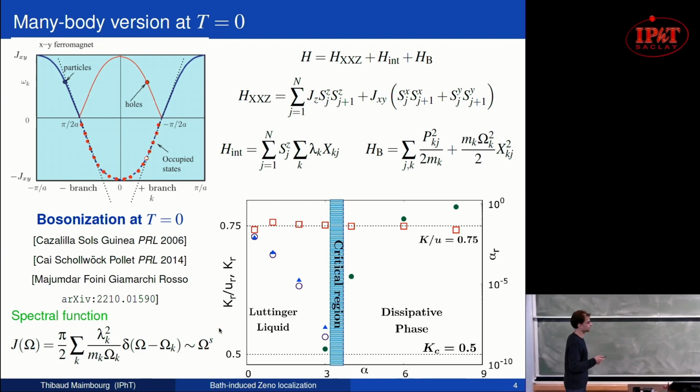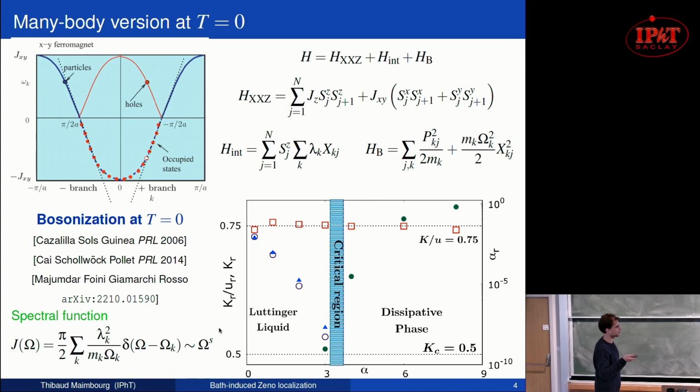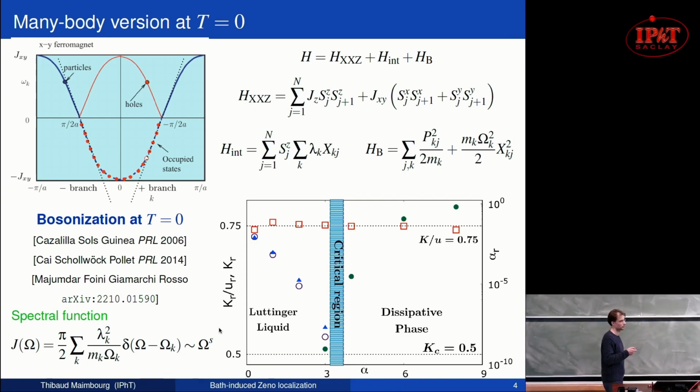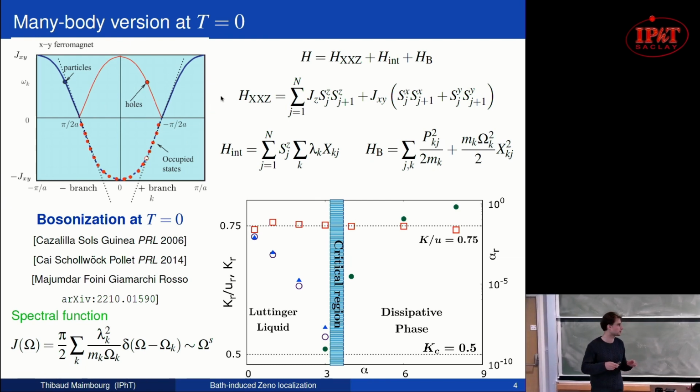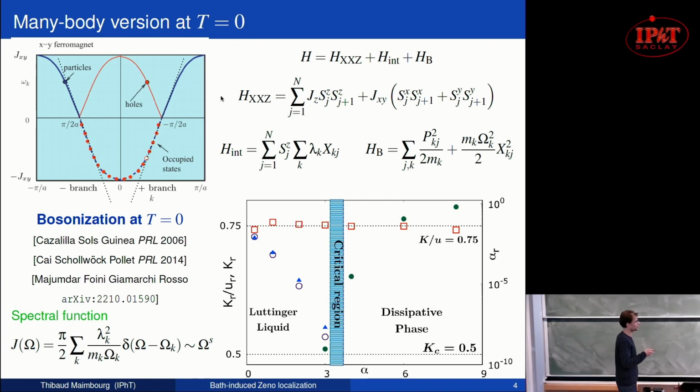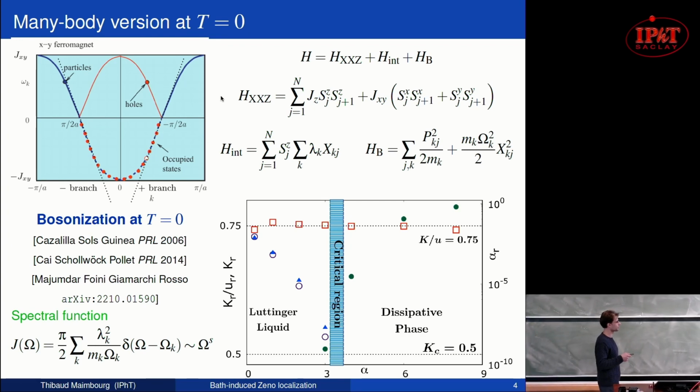And what you can do is analyze it exactly at zero temperature by doing bosonization. So this means that you fill all the energy levels below the Fermi energy, and you linearize the Hamiltonian close to the Fermi energy. And this turns the degrees of freedom, the spins, into bosonic modes, and you can write a field theory for them and analyze it.